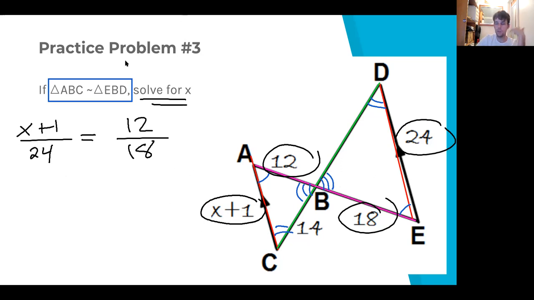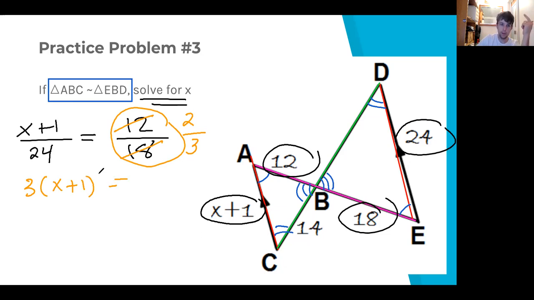And once you have your equation, it just becomes a matter of solving it. So again, I can reduce this, might as well. These both reduce by 6, so that becomes 2 over 3. And then we can do our cross products. 3 times x plus 1 equals 24 times 2.